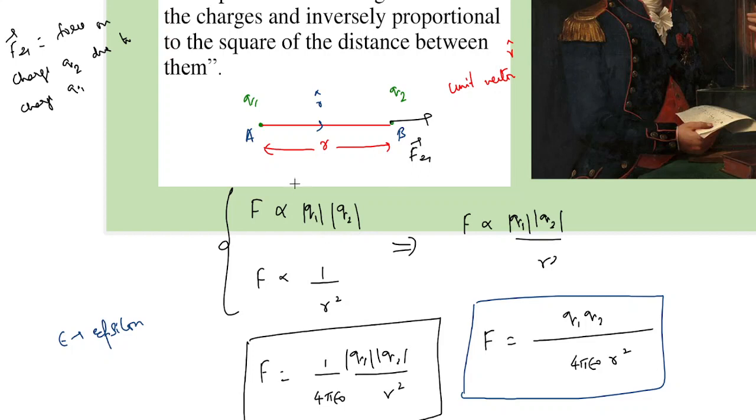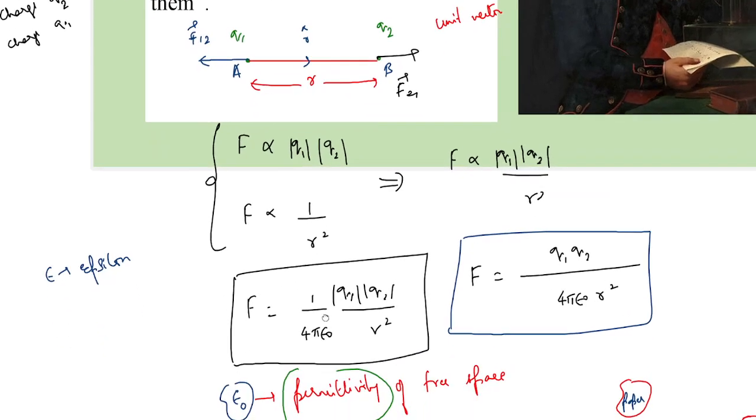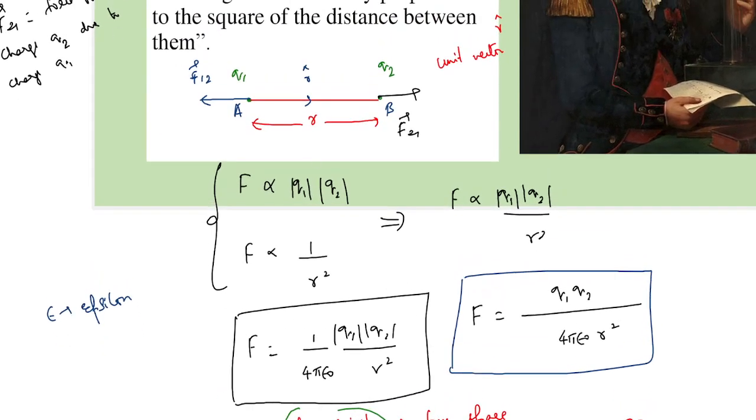Similarly, the force which B exerts on A would be in this direction. We'll call it F12. So F12 is the force which the charge at point B exerts on the charge at point A. Now if we look at the direction of r cap, it is obvious that F21 is along r cap and F12 is against r cap.